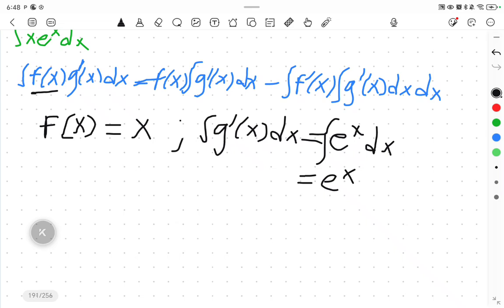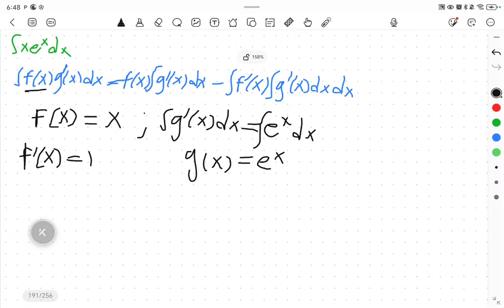When I derive f of x, I get f prime of x, so this is going to be 1. So now I can go back to that formula: the integral of f of x, which is x, times g prime of x, which is e to the x dx, is equal to f of x, which is x, times the integral of g prime of x, which is e to the x, right?